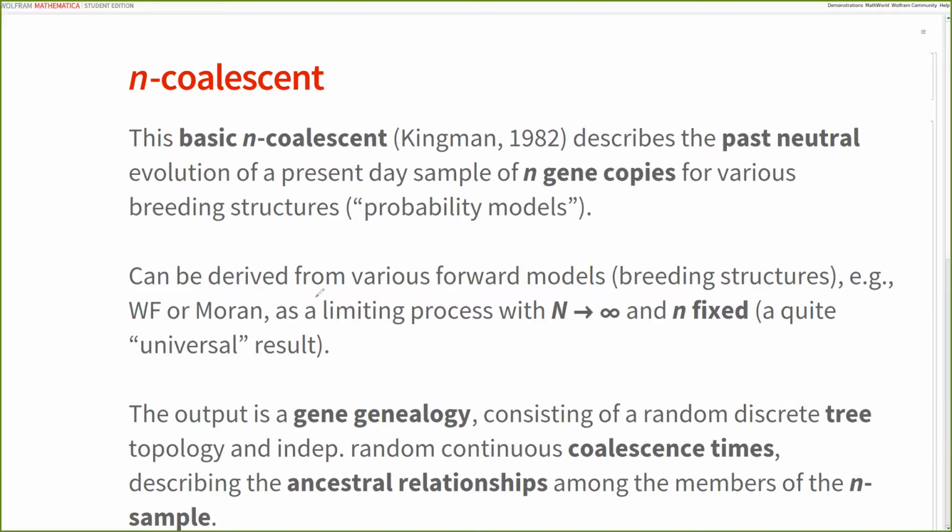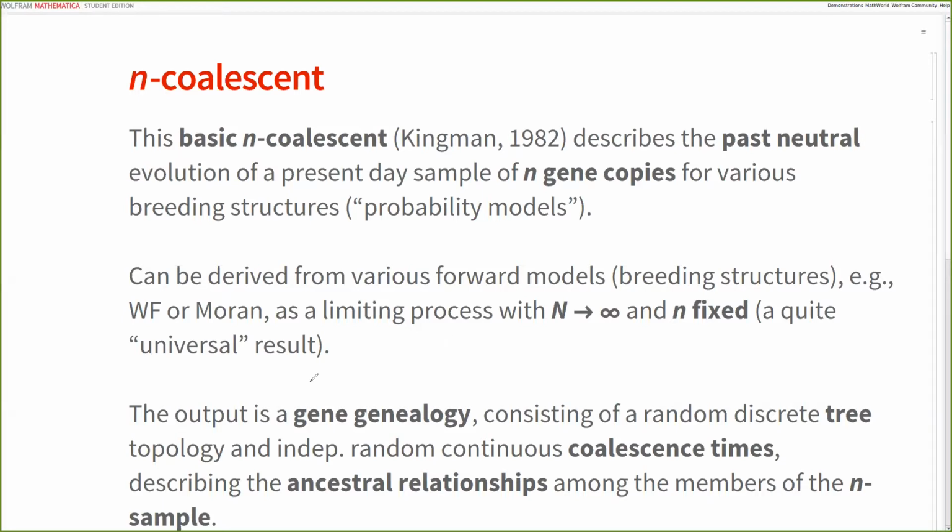And hence it can be derived for various forward models, be it the Wright-Fisher or the Moran model, as a limiting process when the population size grows infinite and the sample size n stays fixed. Therefore, it's a very universal result and of high interest to study.